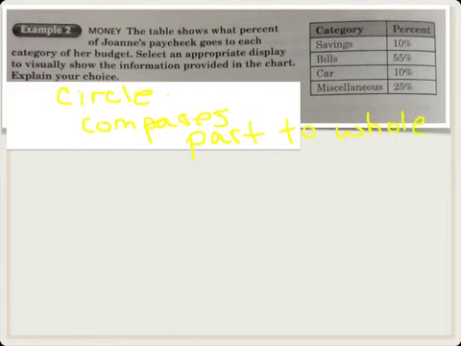And what would that graph look like? Okay, we have 55% in bills, so if I put a line straight across, that's 50%, so it's going to be just a little bit more than 50%.